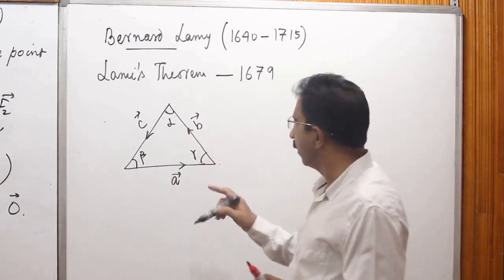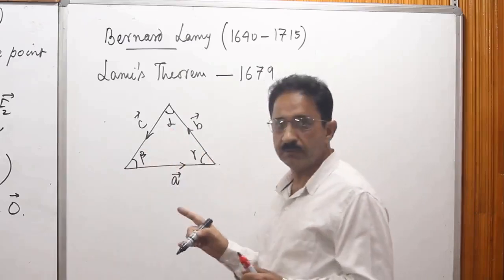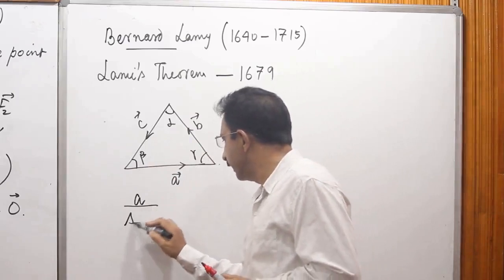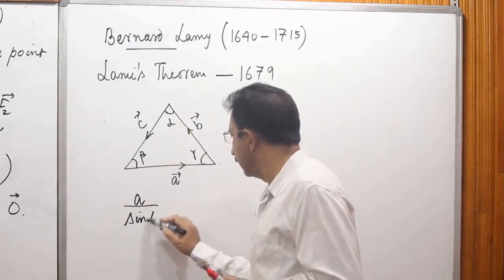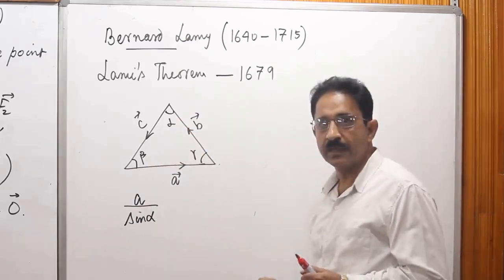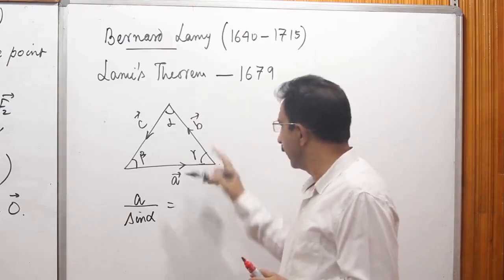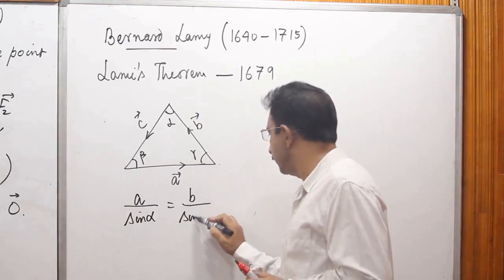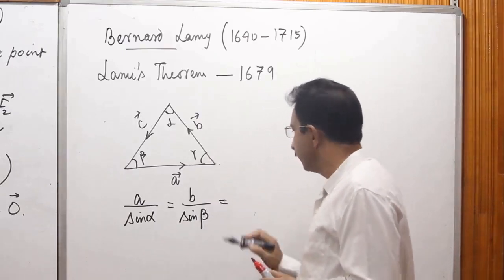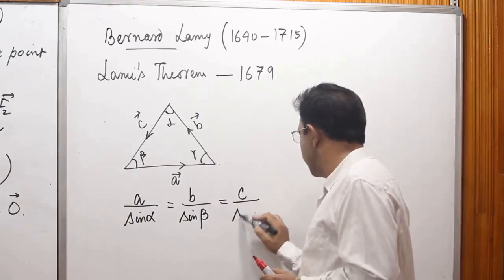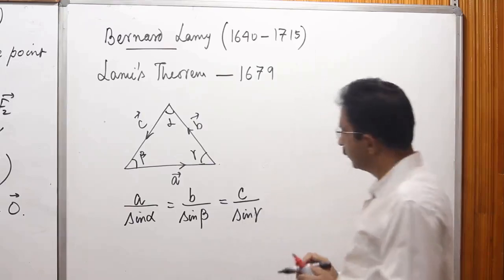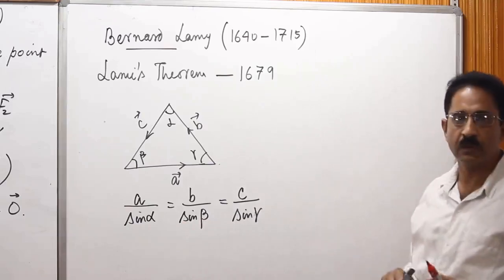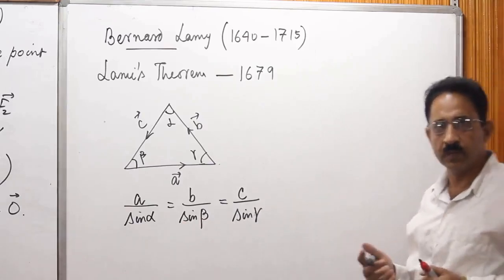Then we can relate the three: magnitude of A divided by sine alpha equals B, the magnitude of the second vector, divided by sine beta, equals C divided by sine gamma. This relation is Lamy's theorem, which is a very useful formulation.